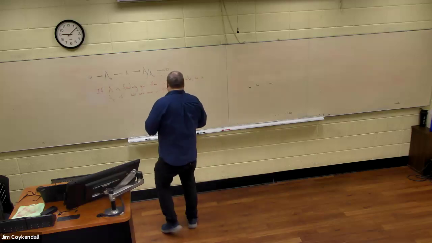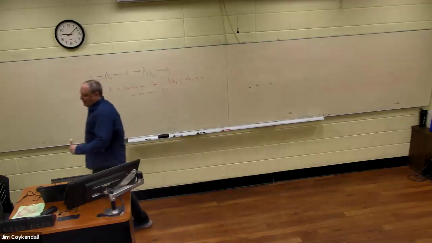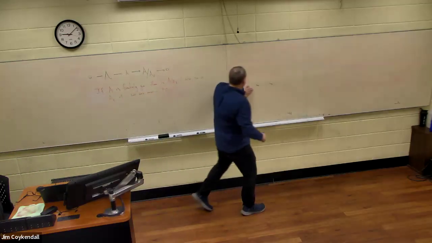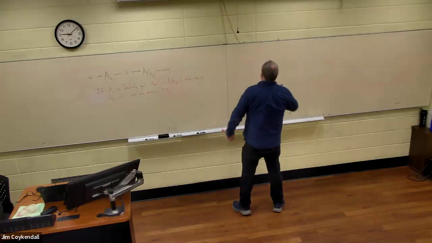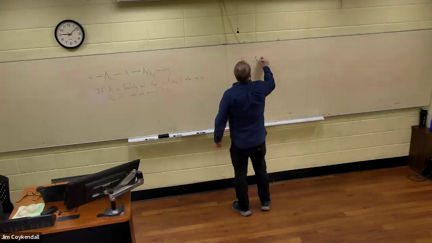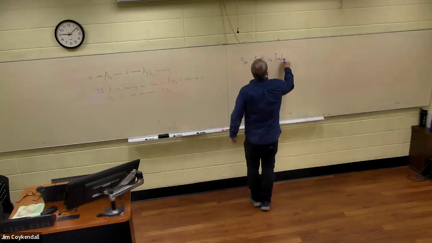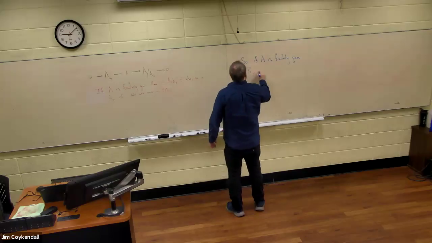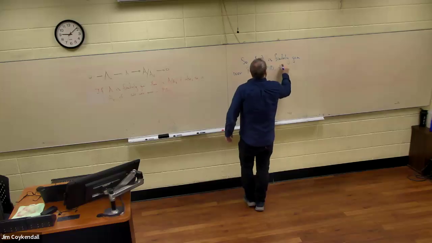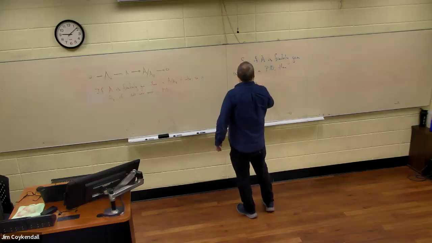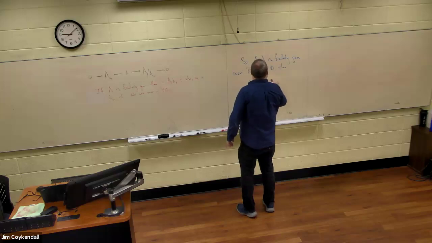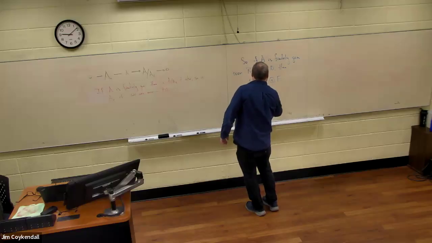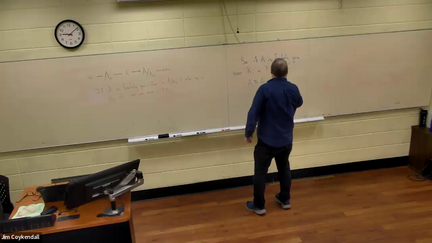So the upshot is, under the assumptions that we were using the other day: if A is finitely generated over R, a PID, then A is isomorphic to the torsion module plus F, where this is the torsion module, and this is free.